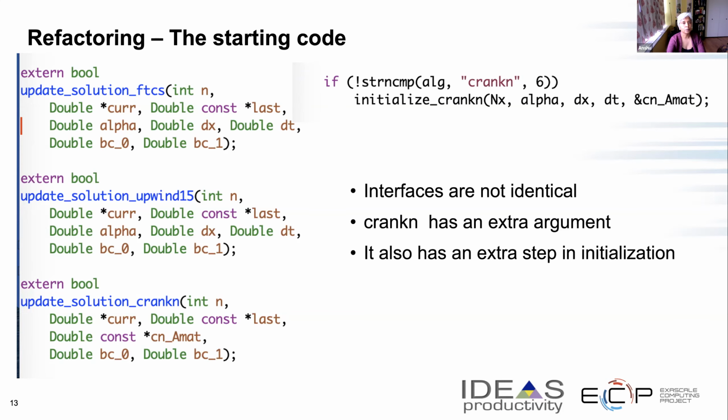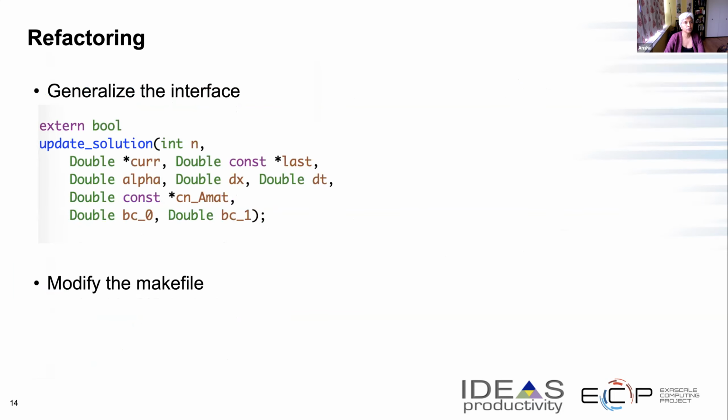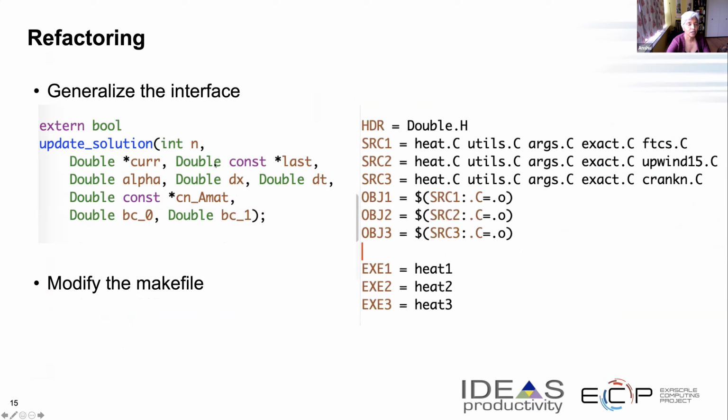So for our generalization, we generalize the interface. We turn it into an update solution, and we add an extra argument here that tells which particular version we are going to use.